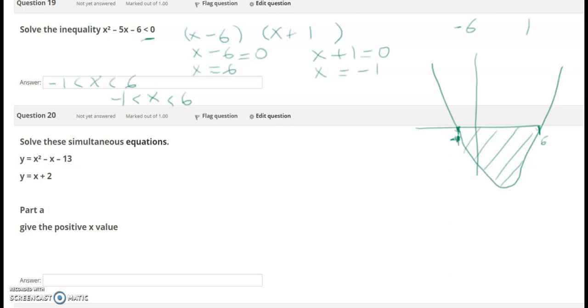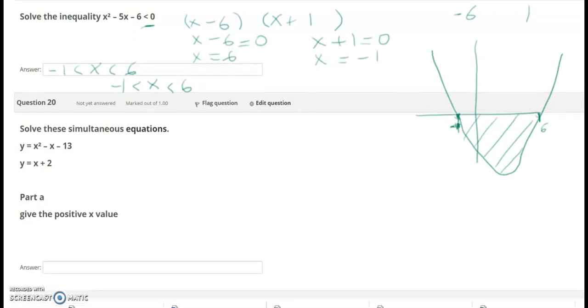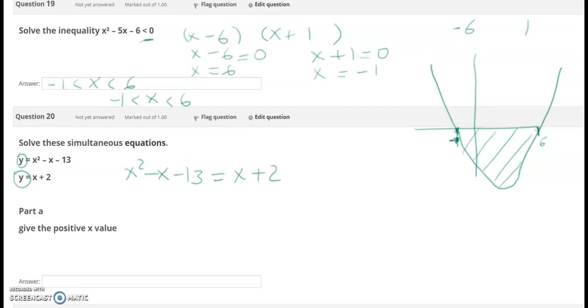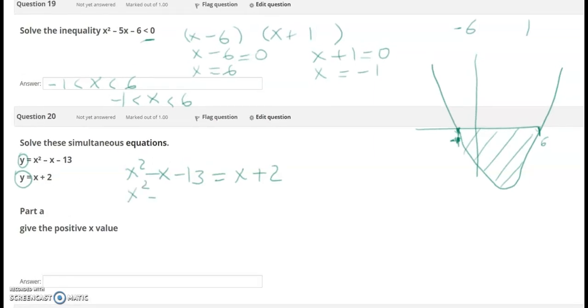Now we've got to solve these simultaneous equations. As you can see, both of them equal y. So I'm going to rewrite this as x squared minus x minus 13 is equal to x plus 2. Taking away 2 both sides, we get x squared minus x minus 15 is equal to x.